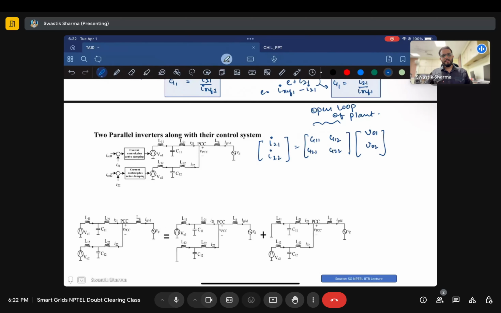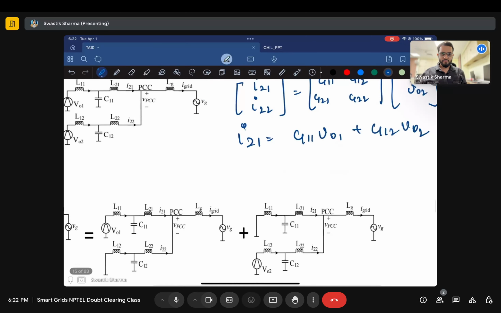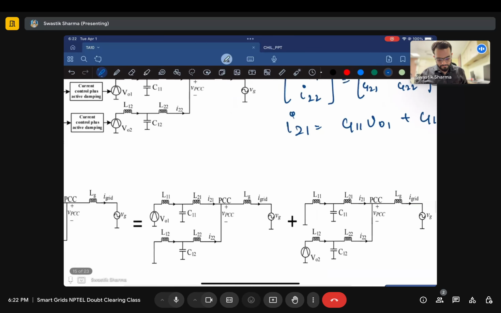Now you let the inverters be identical. I will do it later, but how do you get this? Let's say I write I21 is equal to G11 V naught 1 plus G12 V naught 2. Now you'll say, how do you find these G11, G12? It's simply by using superposition. How do you use superposition?